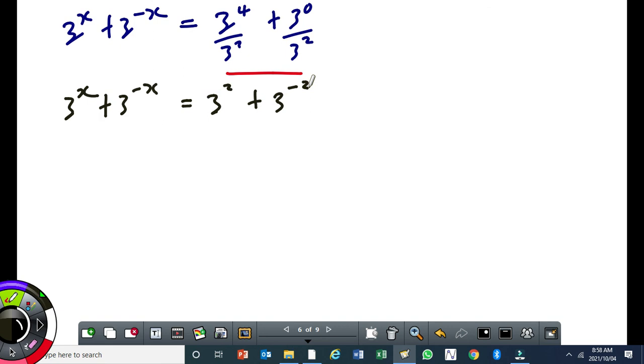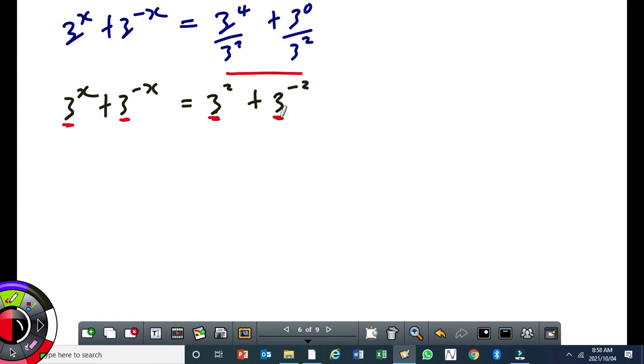Alright? Then now we have to make a deduction and say, okay, since here we have got the same base, the exponent is positive, the same base there, the exponent is positive. Also here, the base is the same, but the exponent is negative, and here the base is the same, but the exponent is what? Is positive.